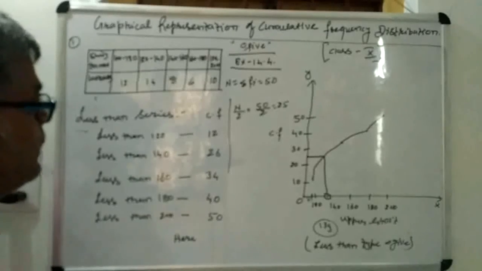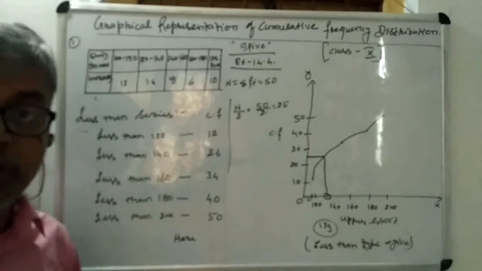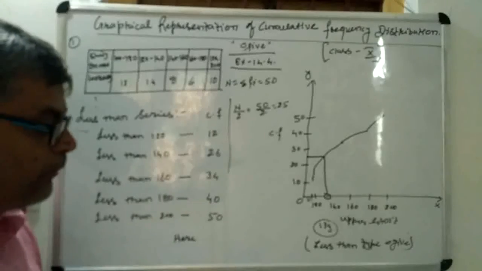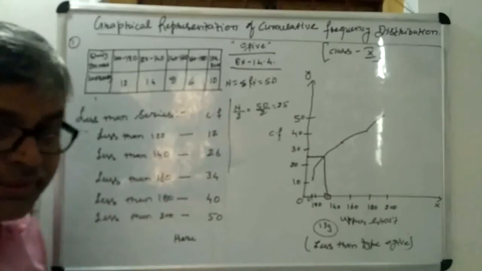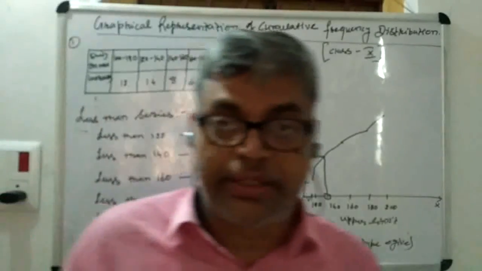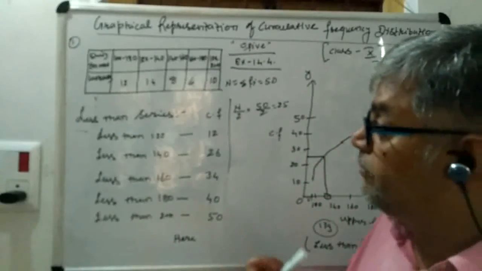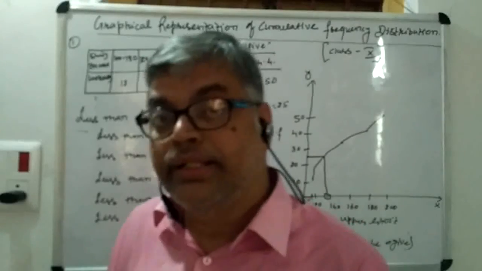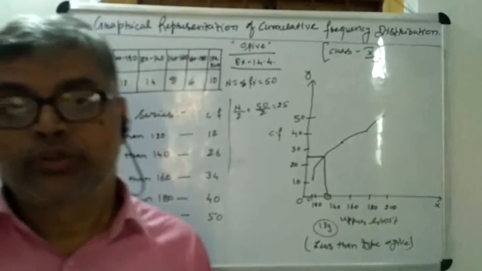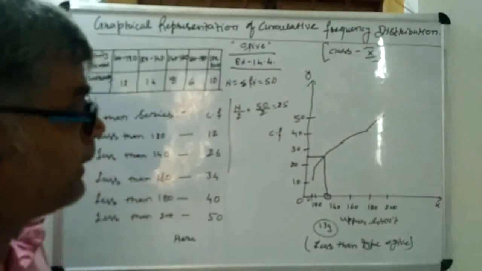In some questions, cumulative frequency is also given. Then in the less than series, there is no problem. But in some questions of more than series, you have to do a little bit different thing while calculating the cumulative frequency. So that I will discuss later.